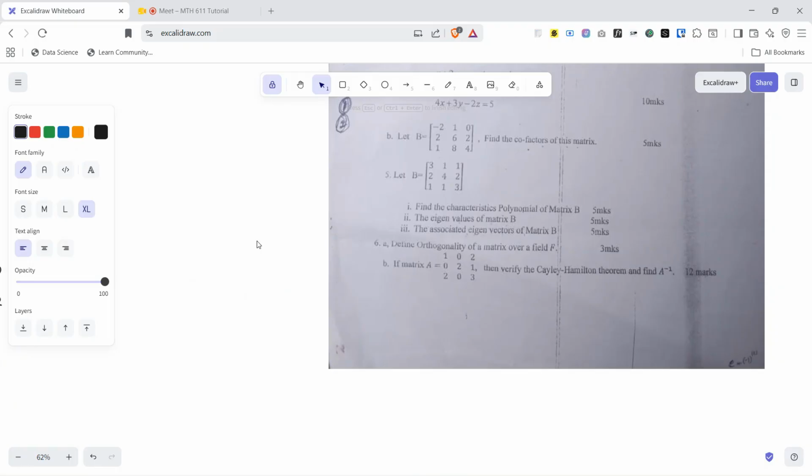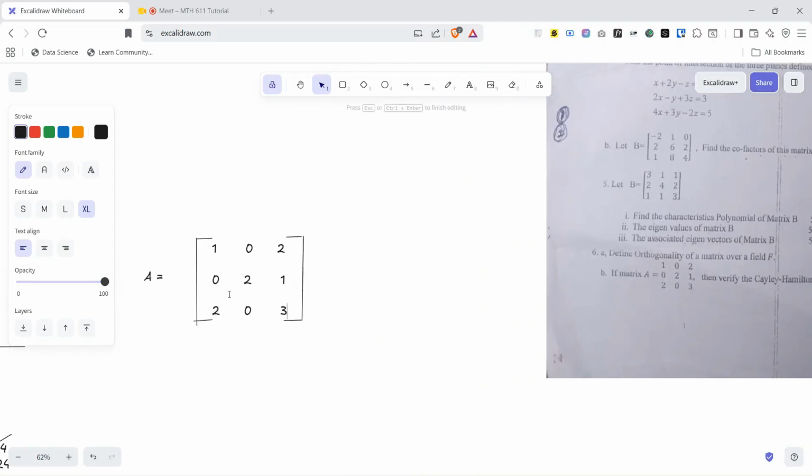Okay. So to do that, remember that for Cayley-Hamilton, we are to verify that this whole formula, by the time we solve it out, is going to turn to zero, like a 0 matrix.